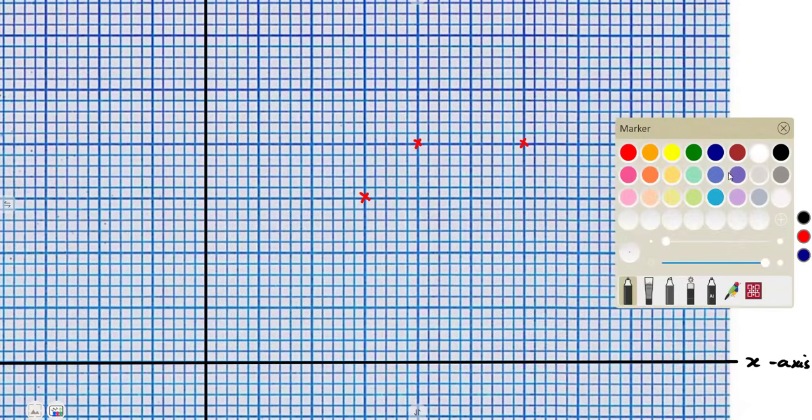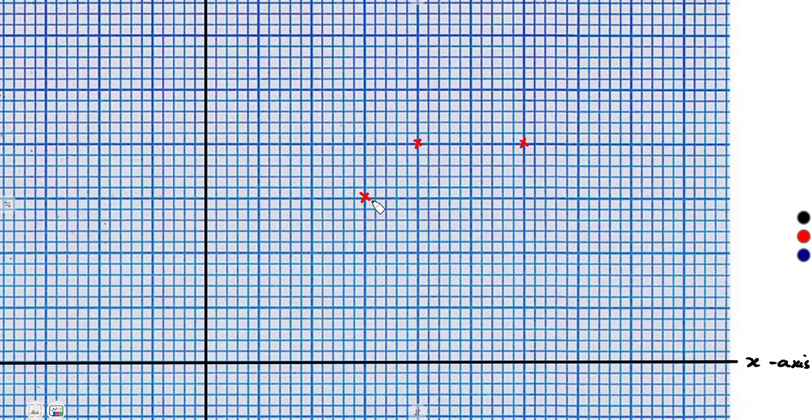That point that you are indicating on the graph is taken from the x value, which is always on the horizontal axis, and the y value, which is always on the vertical axis, the y-axis.